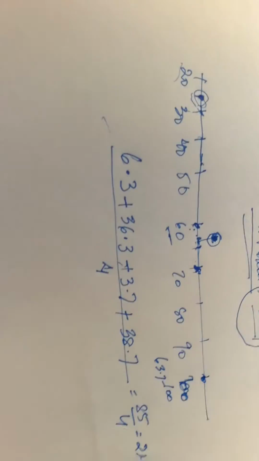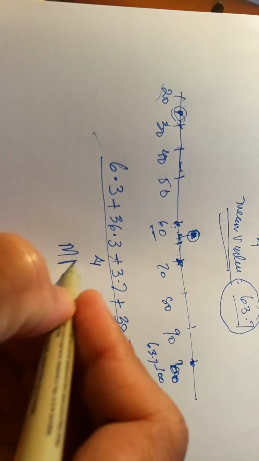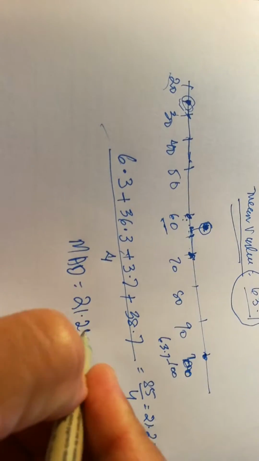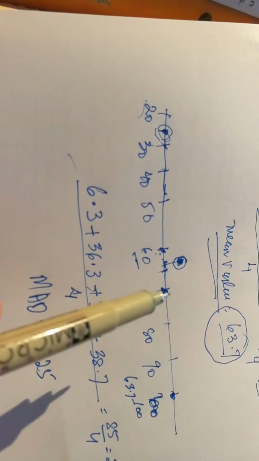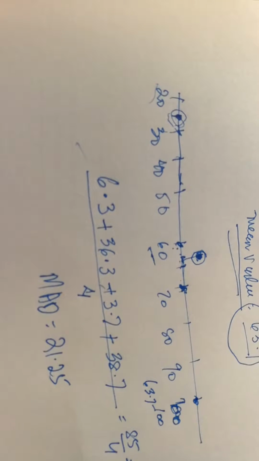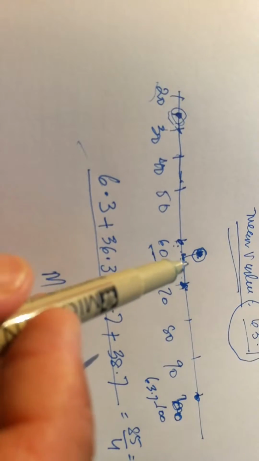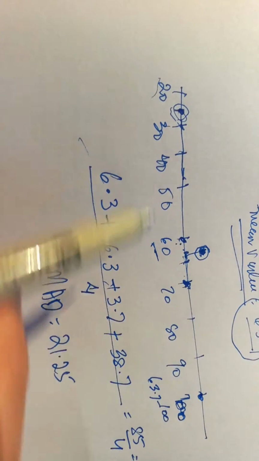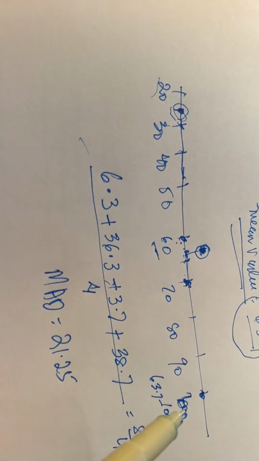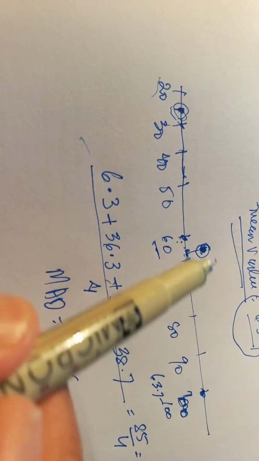So this is the MAD value, M-A-D value, of 21.25. The MAD value, the mean absolute deviation, gives you an idea of this data set as to how far away each of the data points are from the mean.